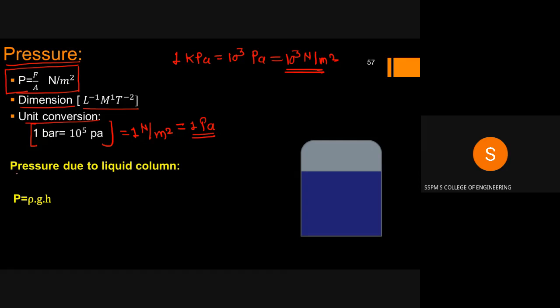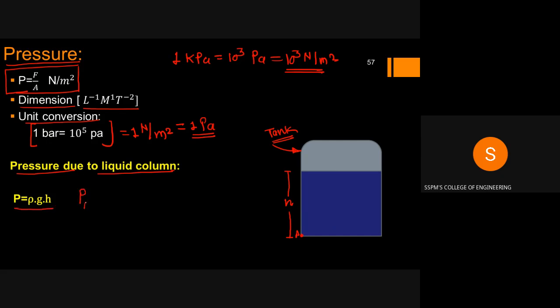Now next is pressure due to a liquid column. Suppose we have a container, which we can consider a tank, filled with water or any other liquid, and this is the height of the liquid in that tank. If you want to find the pressure at the bottom of the tank because of the liquid, let us take this point as A. This pressure is given by this equation.